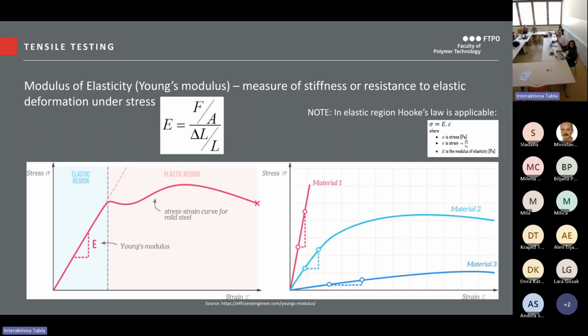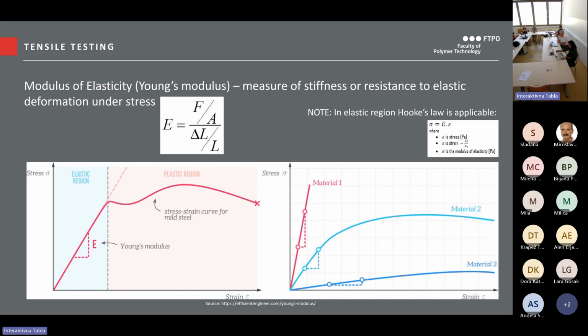Okay. So the second most important thing here is modulus of elasticity, or Young's modulus. It is, as we already mentioned, the measure of stiffness or resistance to elastic deformation under stress. Mathematically it is given as the difference in stress above the difference in strain.